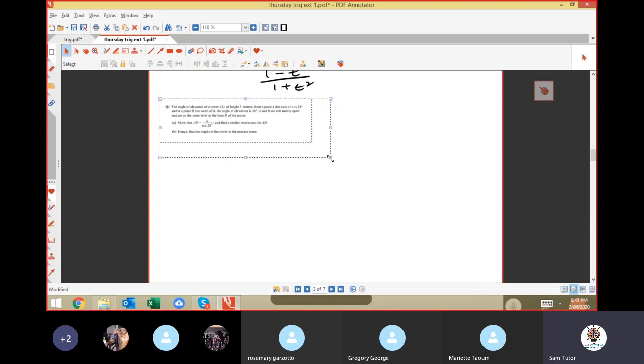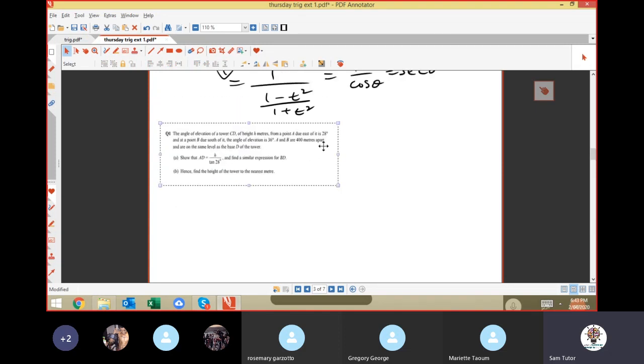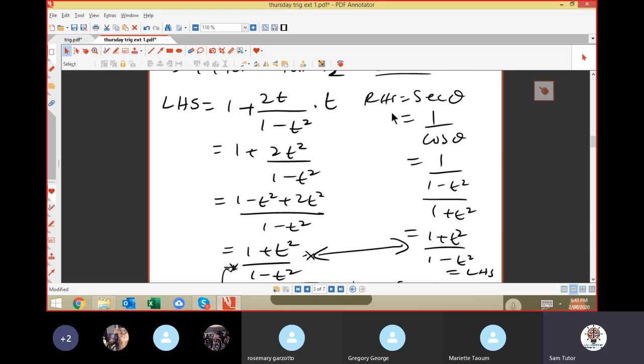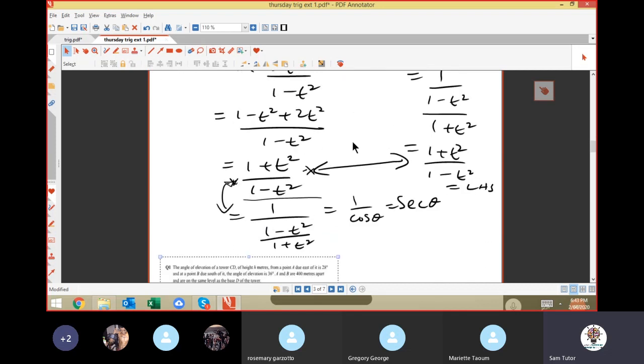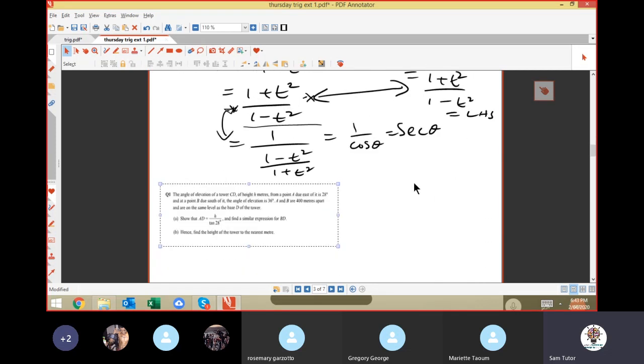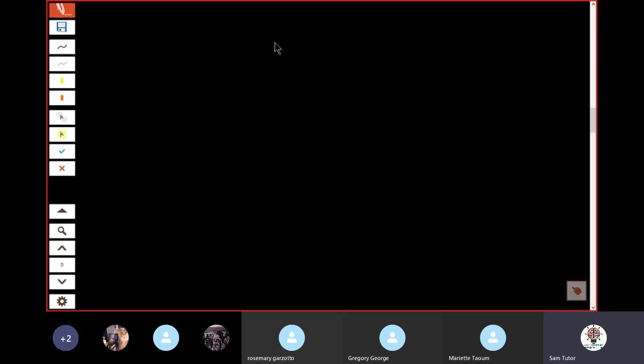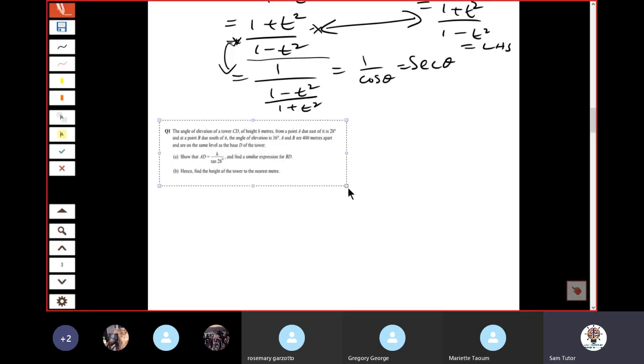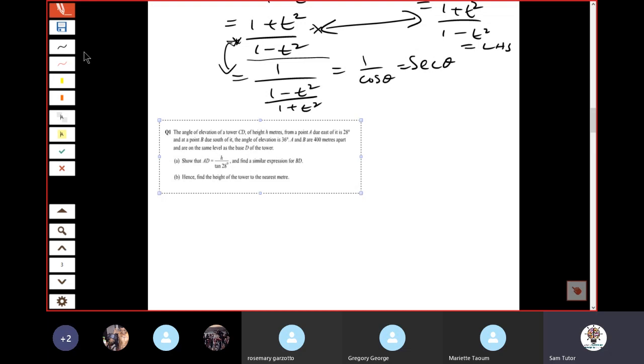Whereas the rest of what we've done, the rest of extension 1 trig, is just formulas based. So once you know your formulas, you just need to sub them in and do some algebra. This, you actually have to understand how to draw these out and how these work and everything like that.